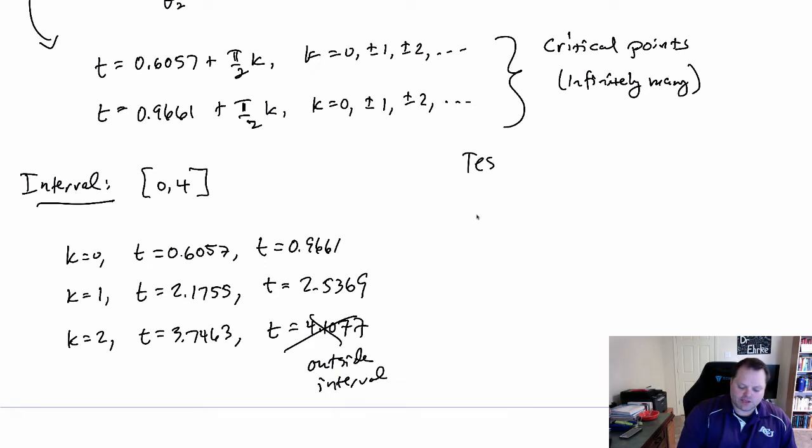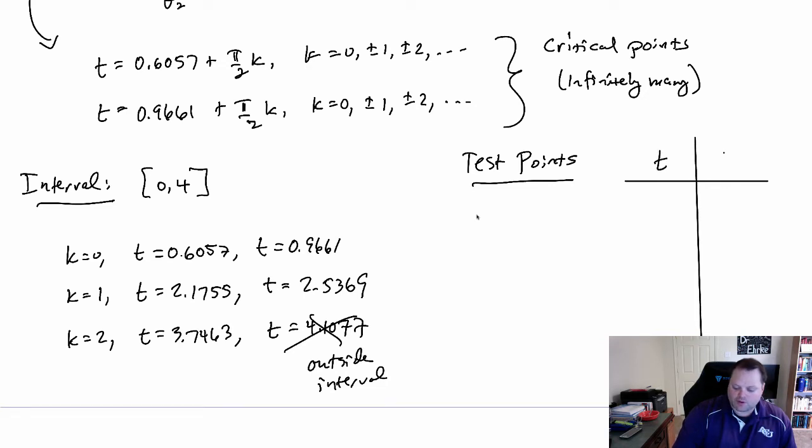So in terms of me testing points, what do I have to test? Well, there's actually a long list of things I have to test here. I have to test each of these critical points and endpoints in the original function. So the endpoint on the left is 0.